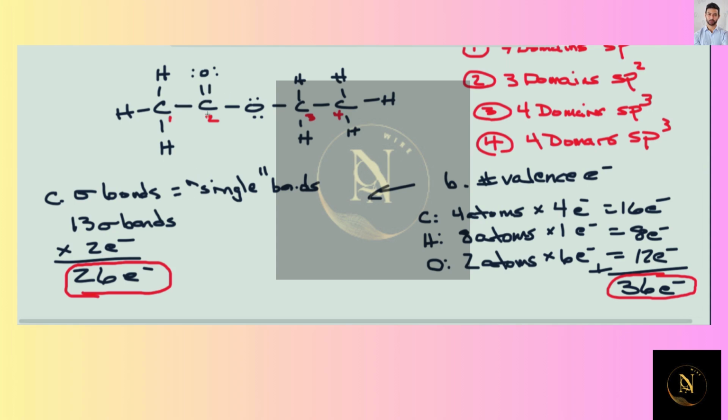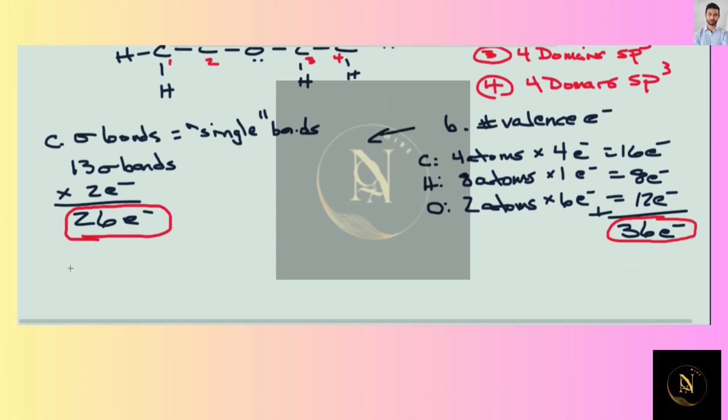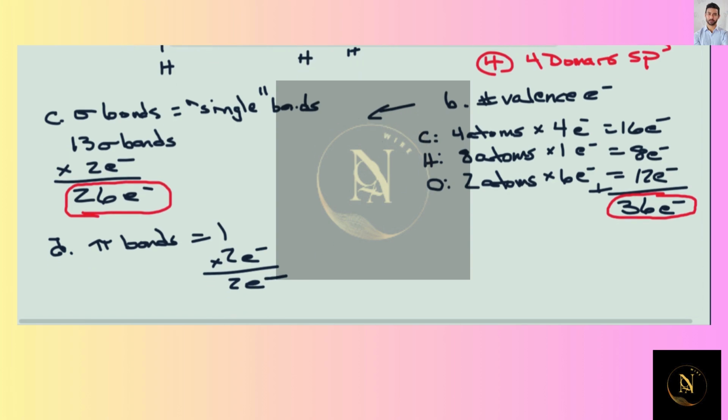We already took 2 electrons out as sigma, so there's only 2 electrons left for our pi. So we have 1 pi bond. There's 2 electrons in it. So there's 2 electrons that come from our pi bond.